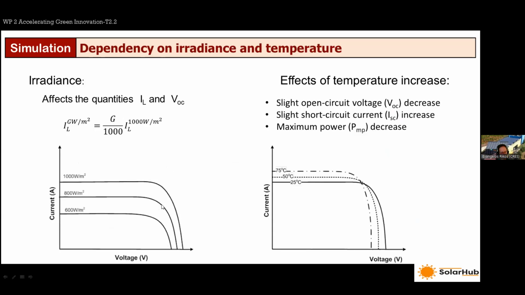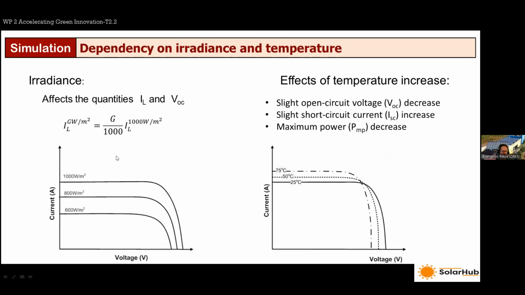Okay. One thing that we haven't mentioned in detail before is the variability of the characteristic based on radiation level and temperature. So, okay, there was a brief mention of that, but not quantification of it, perhaps.